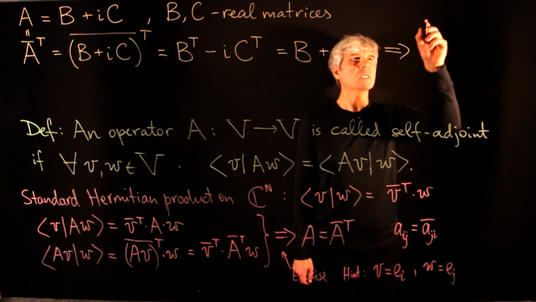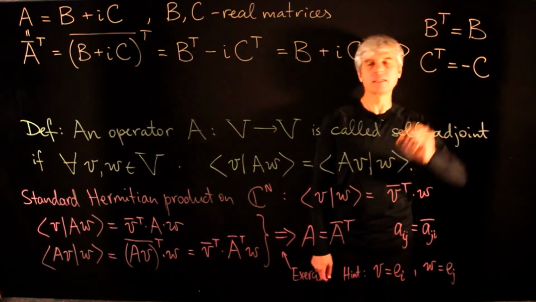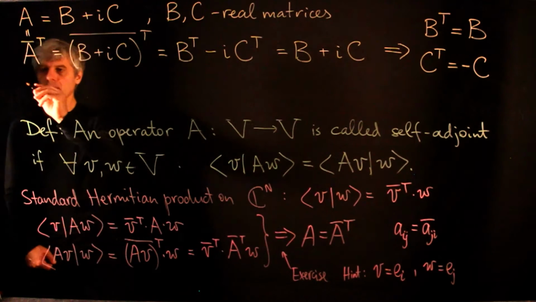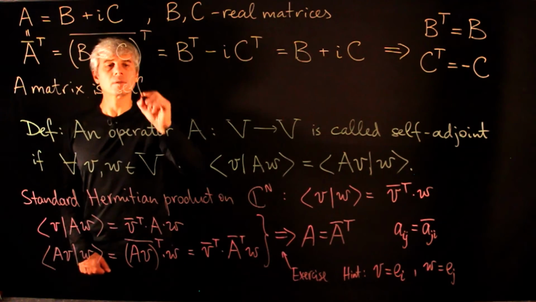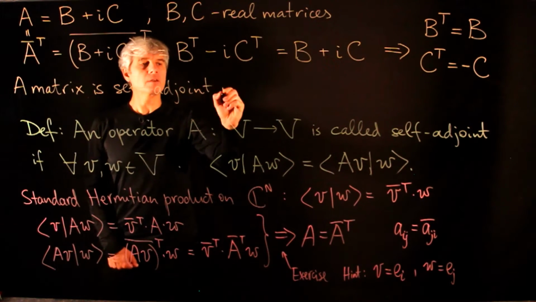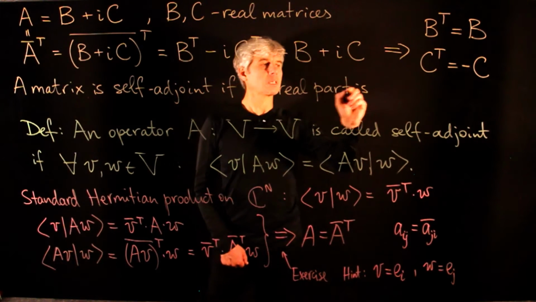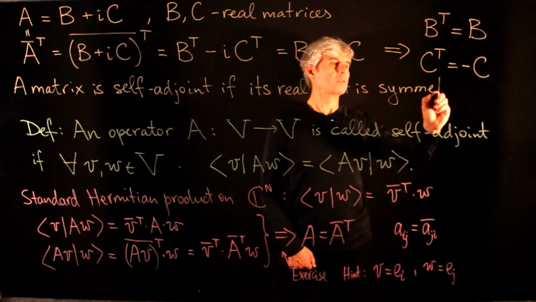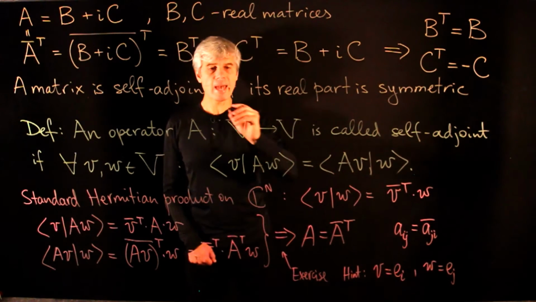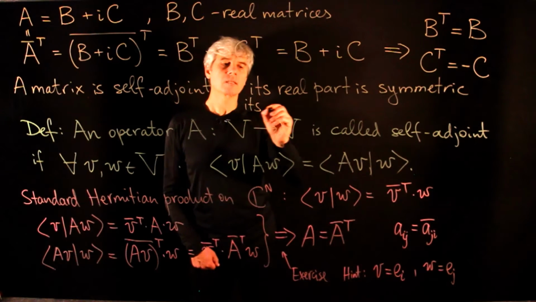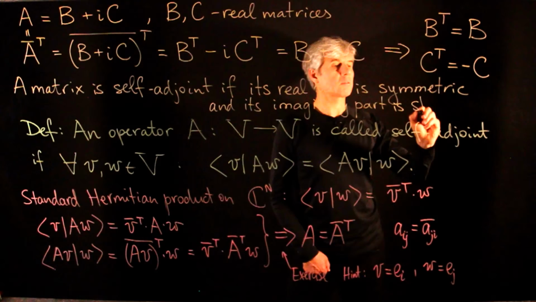What we see is that B transpose must be equal to B, and C transpose must be equal to minus C. So what we see is that a matrix is self-adjoint if its real part is symmetric, here B transpose is equal to B, and its imaginary part is skew symmetric.